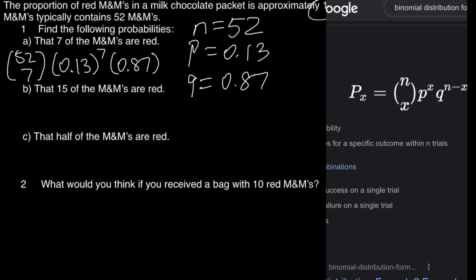This is N minus X, where N is 52 and X is 7. So 52 minus 7 would be 45.